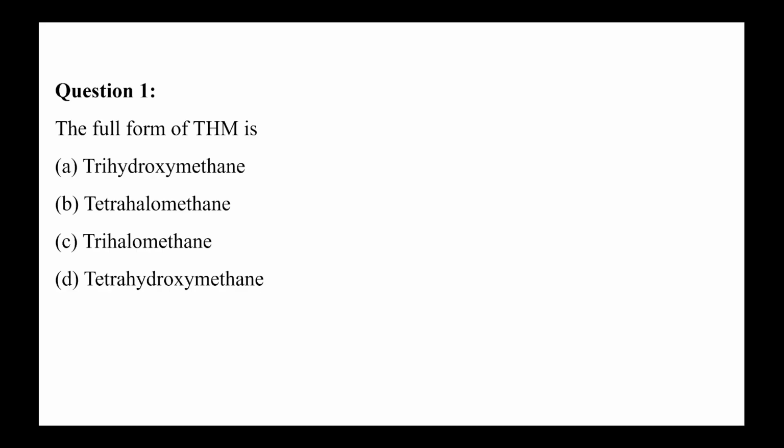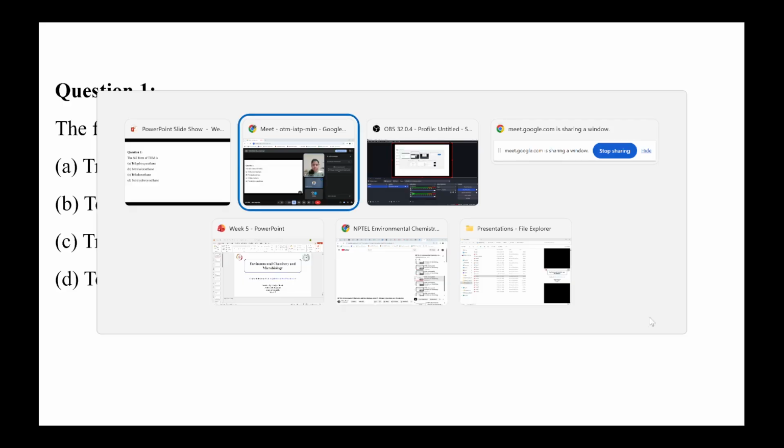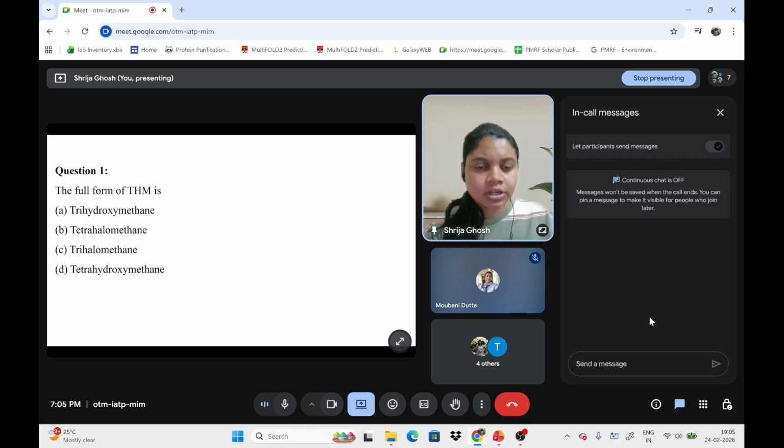What is the full form of THM? Write your answers in the chat box. Whatever you think is the correct answer, you can write it in the chat box and then we can have a discussion.